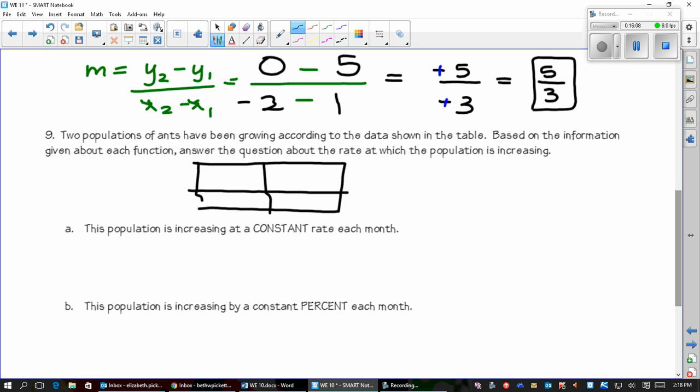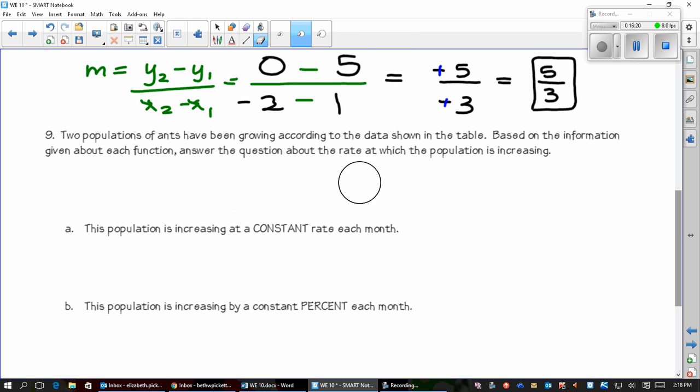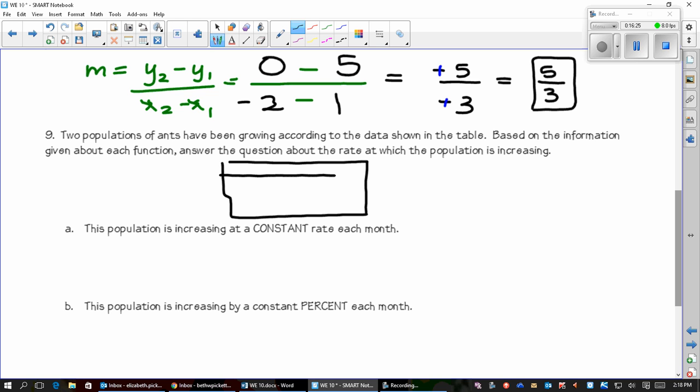If this is months and population, let's make it 1 month and 2 months, and let's make it 500 ants and then 600 ants.